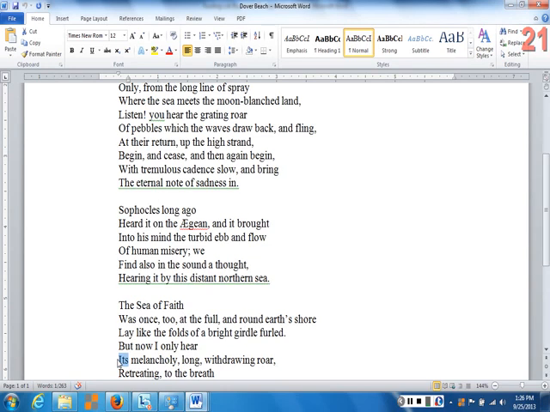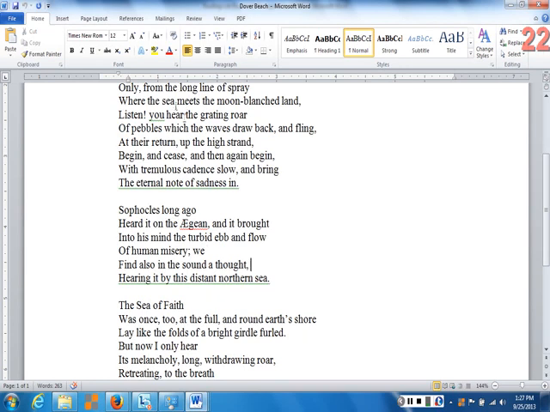We know from the very first part of the poem what this withdrawing refers to, don't we? It refers to those waves that are pulling back from the beach, where it says, up here, the grating roar of pebbles which the waves draw back. So we've already had a reference to the withdrawing roar. Now that is literal.